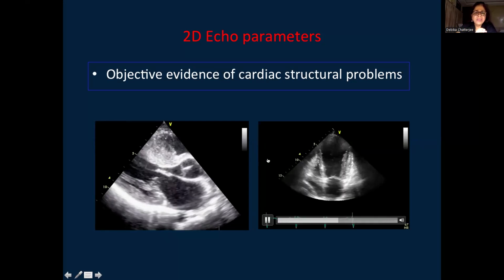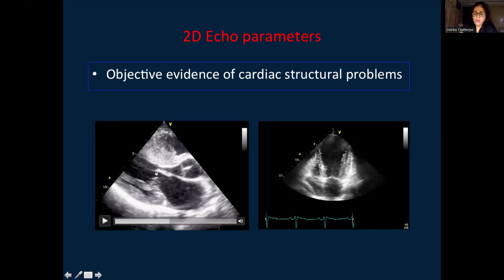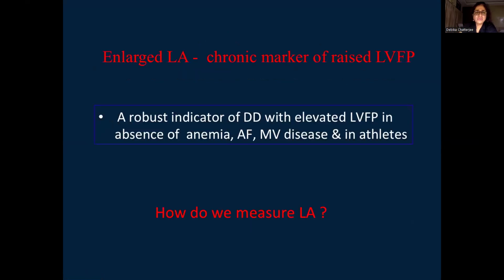Well, leaving all this type of objective evidence, the most robust indicator which we get on two-dimensional echo for diastolic dysfunction is the enlarged LA, left atrium, because an enlarged LA is a marker of chronically raised LV filling pressure, in the absence of, of course, anemia, where we get an enlarged LA.